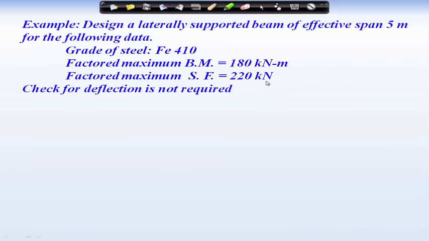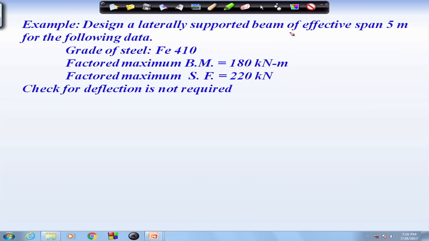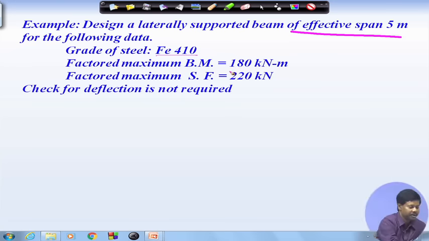Let us go through one example. The example is: design a laterally supported beam of effective span 5 meter with the following data. The grade of steel used is Fe410, the maximum factored bending moment is 180 kNm, and the maximum factored shear force is 220 kN.